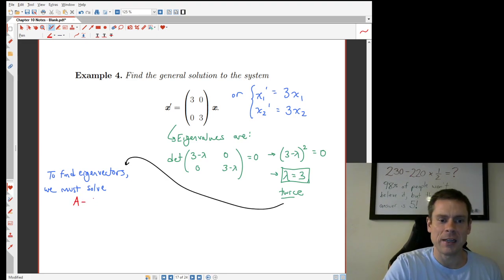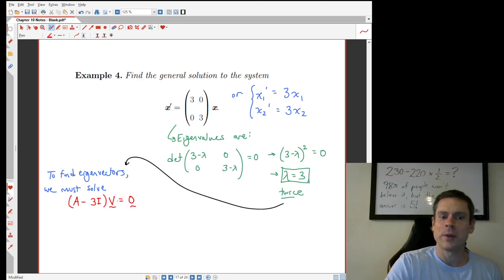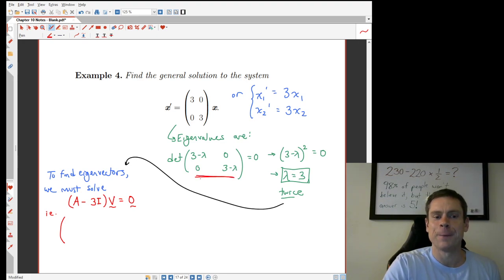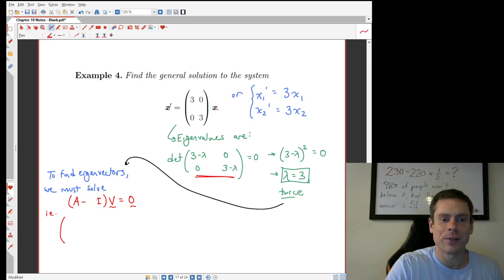Our lambda is 3, so A minus 3I times v is equal to 0. That's what we need to solve. In other words, let's sub 3 into our A minus lambda I equation right here. So I'm going to write A minus lambda I with lambda equals 3.